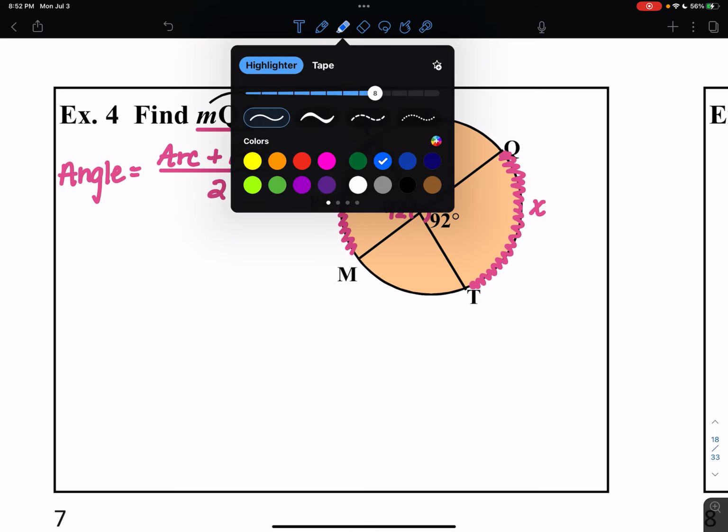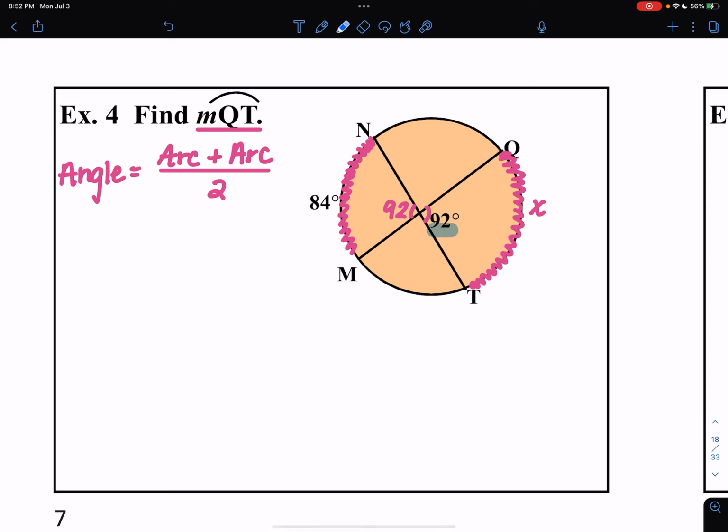Now make sure you're substituting in the right place. 92 represents an angle, so that's going to go in for angle. All right, and then 84 we know is an arc, and X is going to be our other arc. So this will be 84 plus X divided by 2. Now to solve this equation, we're going to need to cancel out that 2.